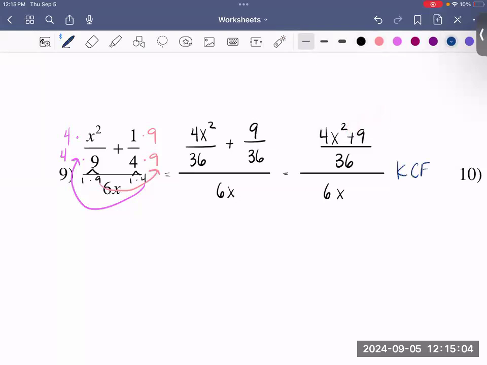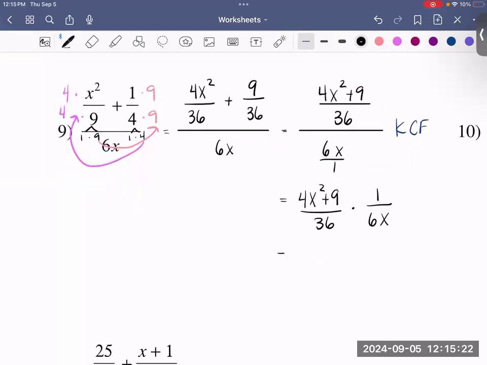Instead, this is the step where we can then keep, change, flip this bottom fraction. 4x squared plus 9 over 36 stays the same. But now we have 1 over 6x underneath. We can bring it together. 4x squared plus 9. 36 times 6x will make 216x.